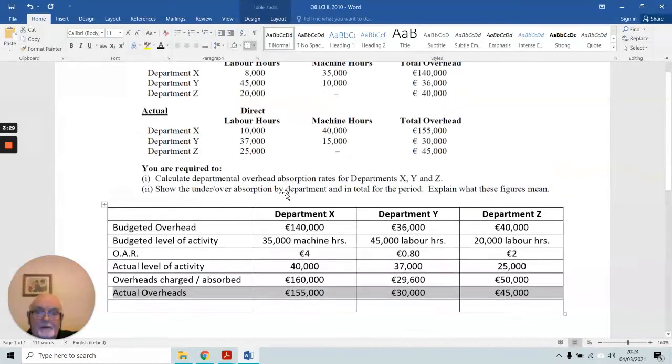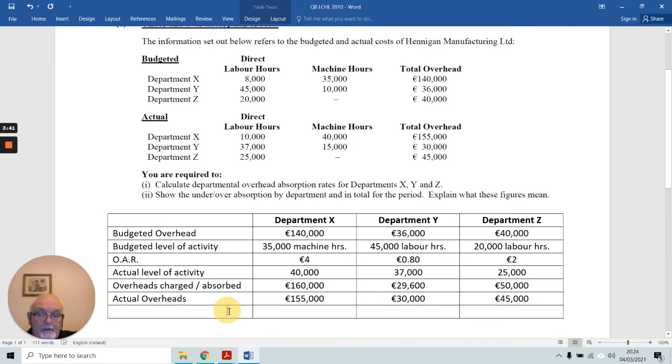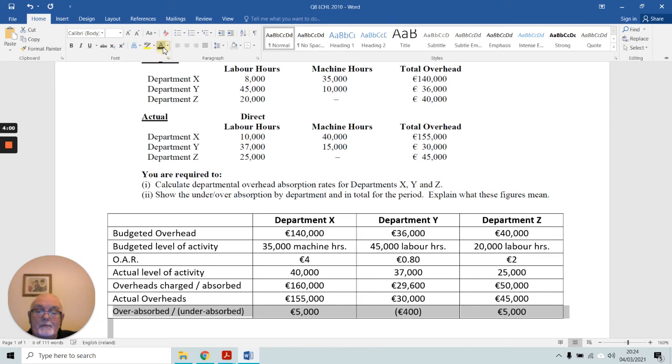And we get those figures here as shown above: 155,000 for X, 30,000 for Y and 45,000 for Department Z. So finally, in our comparison between the overheads recovered or charged out, for example in Department X 160,000, and the actual overheads of 155,000 in X, we'll find the over or under absorption of overheads as described there.